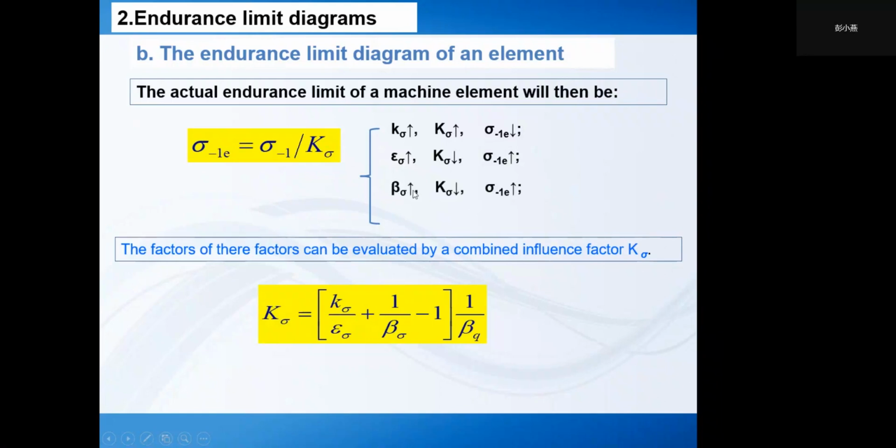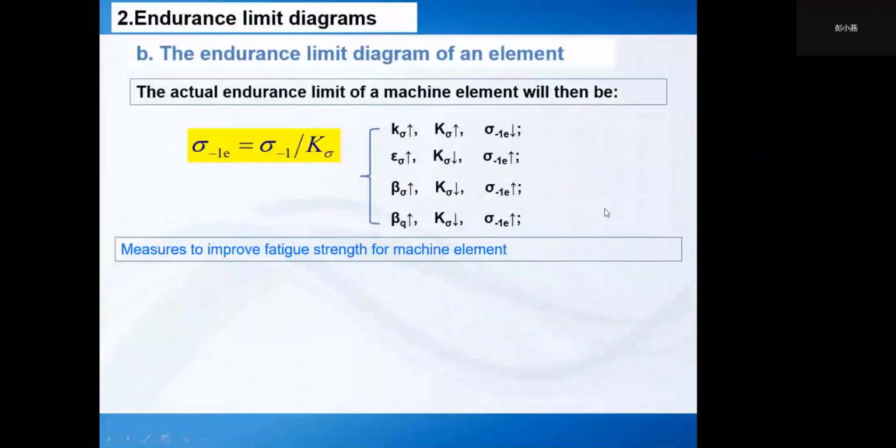And for beta sigma, the surface condition factor, if this factor increases, the combined influence factor will decrease, and then sigma -1e will increase. And for beta Q, if the intensity factor increases, the combined influence factor will decrease, and then the actual endurance limit of element will increase, okay?